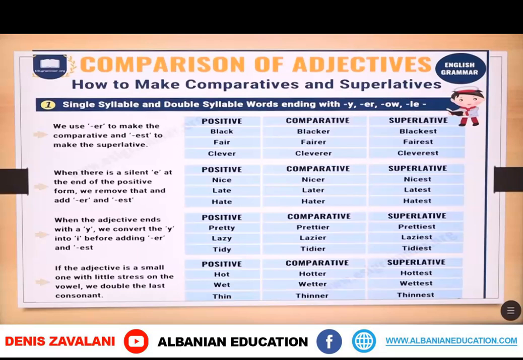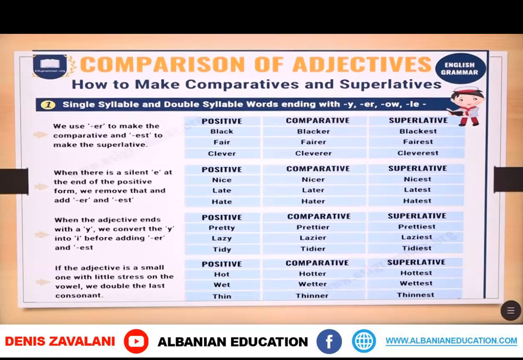Here you have some more explanation about the comparison of adjectives, how to make comparatives and superlatives. In this case, only short ones. So we use ER to make the comparative and EST to make the superlative, as I said before. Like black, blacker, the blackest.